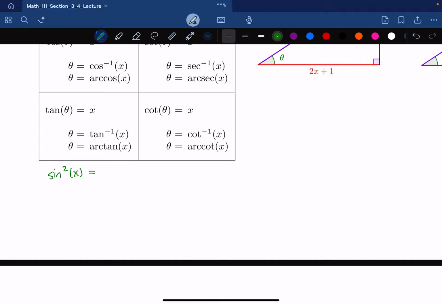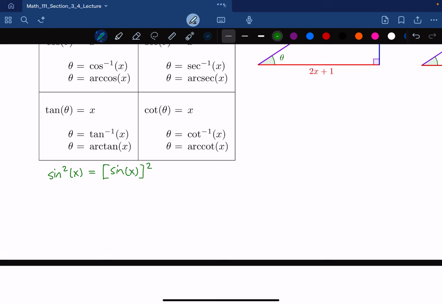This is just another simplified way of saying sine of x, quantity squared. Because I don't want to do double parentheses all the time, this notation is much simpler, where I put that 2 right in the middle of the abbreviation for sine and the variable.